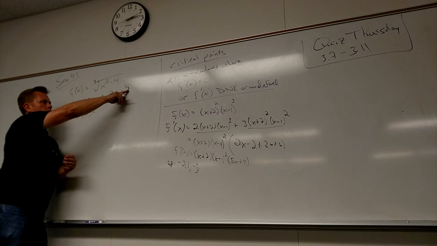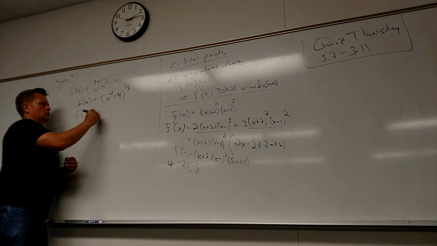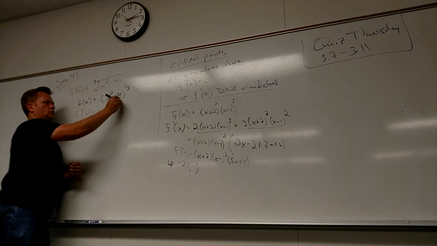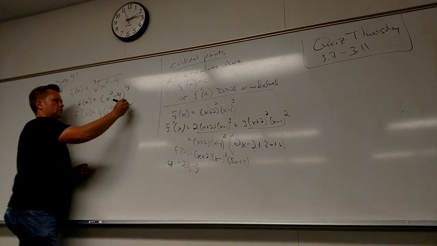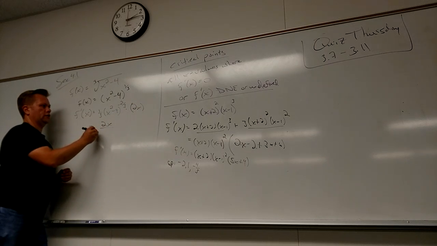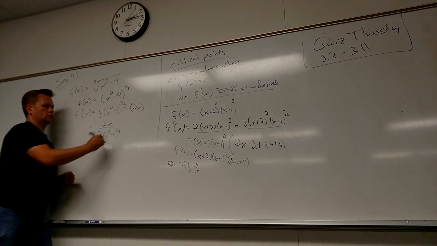So the 1/3 comes down, times this to the negative 2/3, times 2x. So let's clean this up. I get 2x on the top, and I get 3 times (x squared minus 4) to the 2/3.